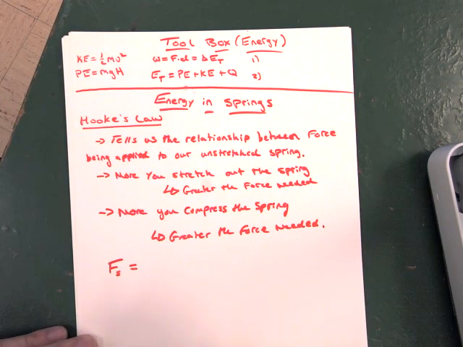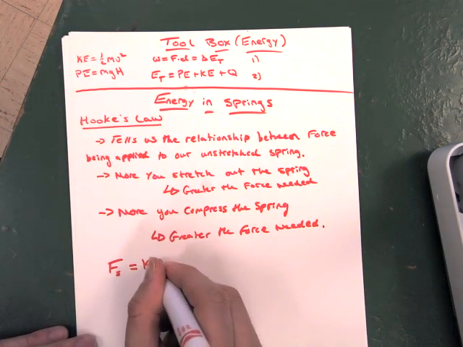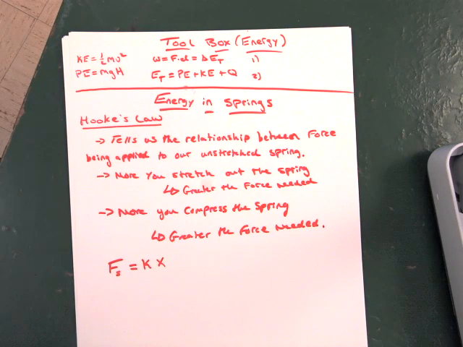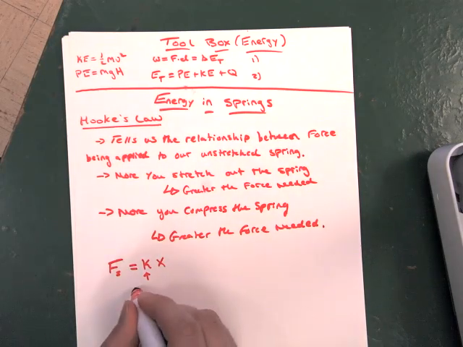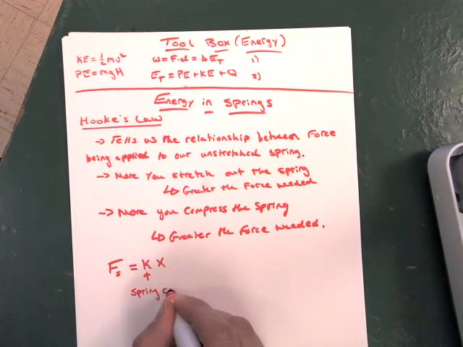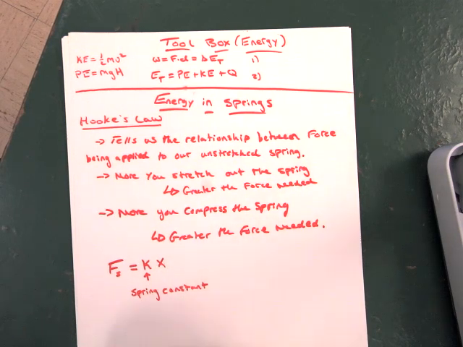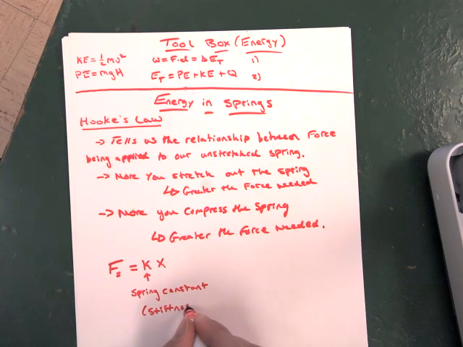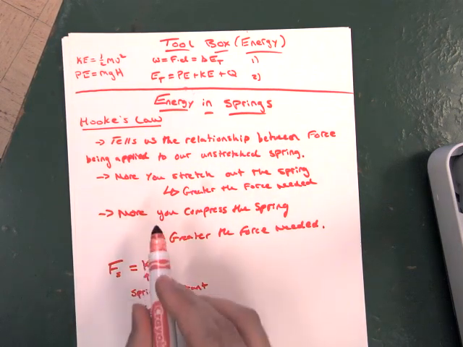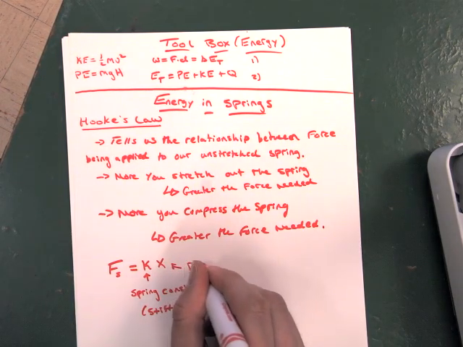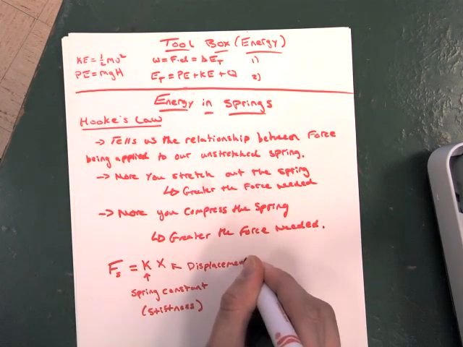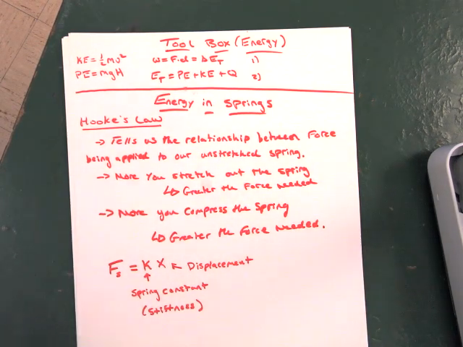The spring force is equal to K times X. If you look on your reference table, page 6, you know that this K is your spring constant. What I mean by spring constant is that it describes the stiffness of the spring. And this X is the displacement, the change in how far that spring was stretched out or compressed.